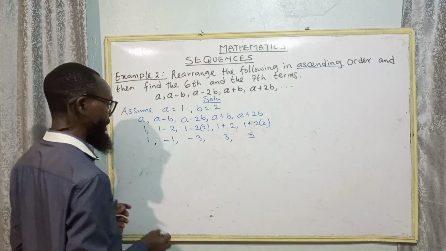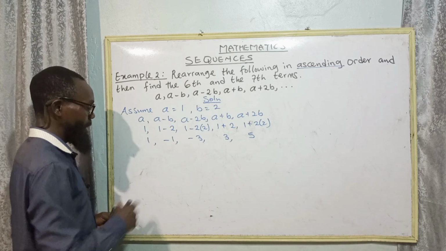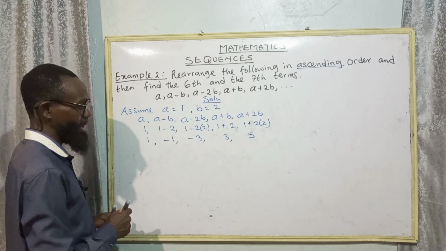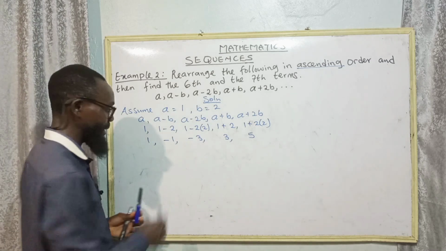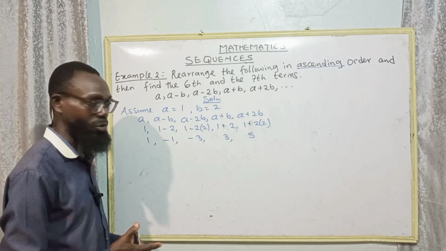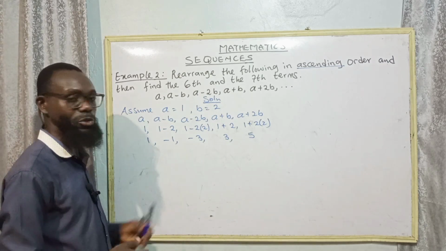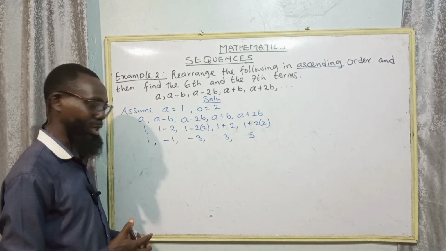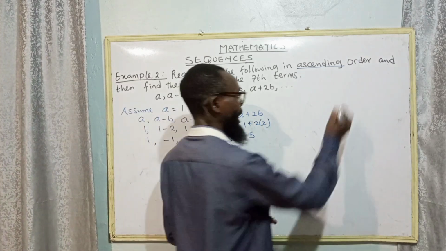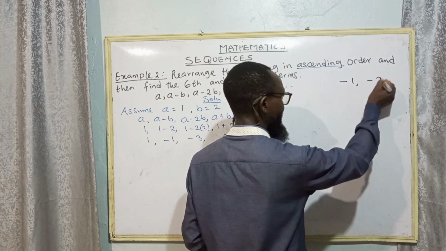So when we rearrange this, we look for the smallest number. Let's consider the negative parts. Minus 1 and minus 3, which one is the smallest number? Of course, minus 3 is smaller compared to minus 1. Why is minus 3 smaller? Okay, let's check this way. We have minus 1 and minus 3.